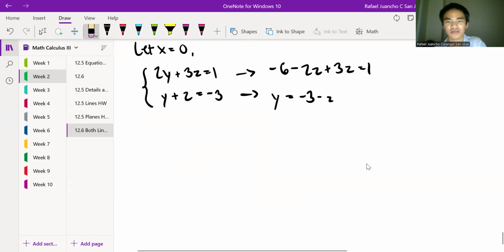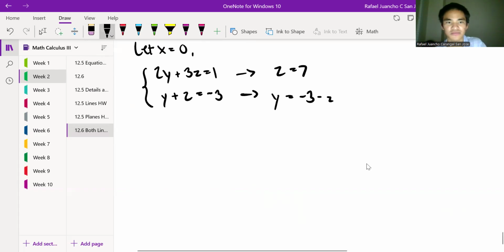And then this is 3z minus 2z, so that's positive z. -6 plus z equals 1. Now I can just put it to the other side. So this is z is 7. And I can plug it in here.